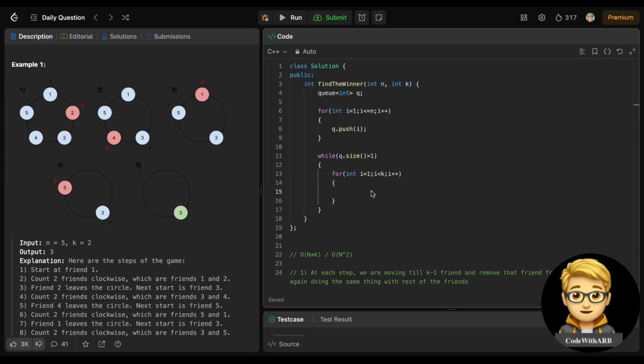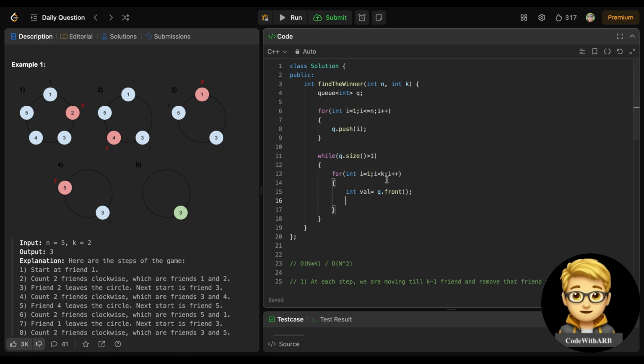So I will iterate from i equals 1 to i less than k, which is k minus 1, and do the same process again and again. What I will do is extract the front value, and pop this out and push back the same thing, right?